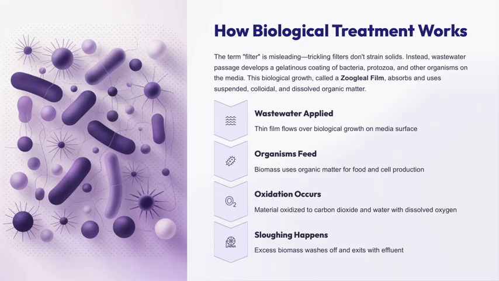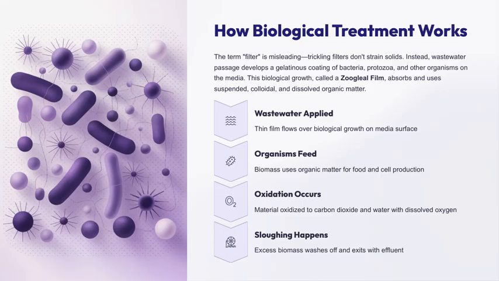So, as the wastewater flows over this film, the organisms feed on the organic material, effectively breaking it down. They use this organic matter as food, turning it into new biomass and energy. This process also involves oxidation, where organic material is converted into carbon dioxide and water, thanks to the dissolved oxygen present in the water. And just like any living system, there's a natural cleanup process.